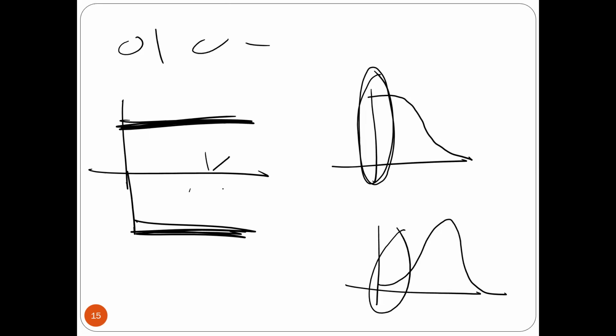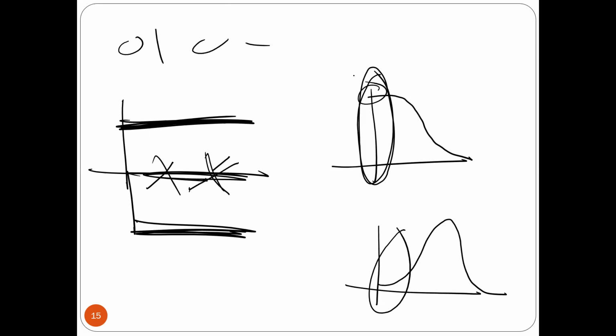Zero is not going to create a DC component, so we don't have a problem with zero. Why? Because for zero, the amplitude is going to be zero. It doesn't matter if you pass it or not, because the amplitude is zero. You got what I'm saying?